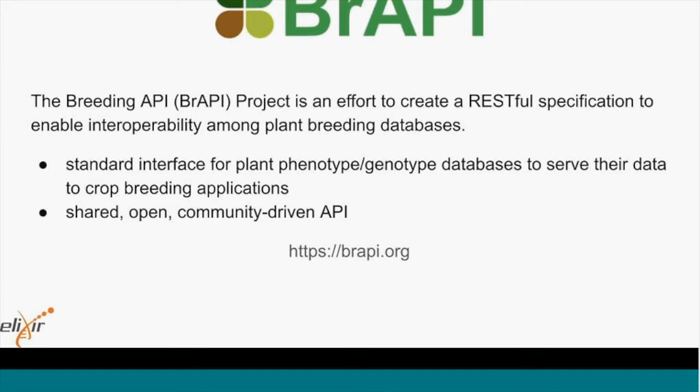This turned out, also for academic institutes doing plant work, be it plant breeding or beyond, to be a very interesting approach and a very interesting project. So we teamed up with the BrAPI project to develop this standard interface to access plant phenotyping and genotyping data. And again, we did this in a shared, open, community-driven way to develop this standard.